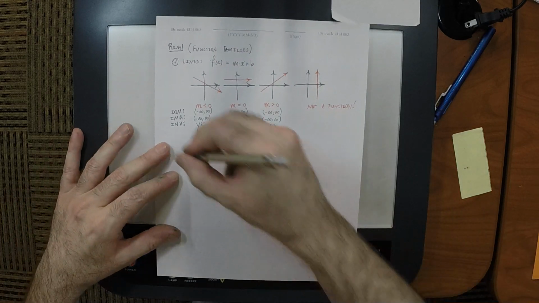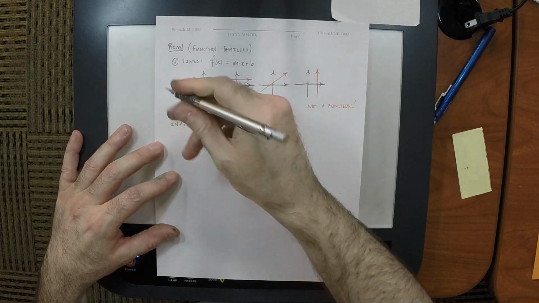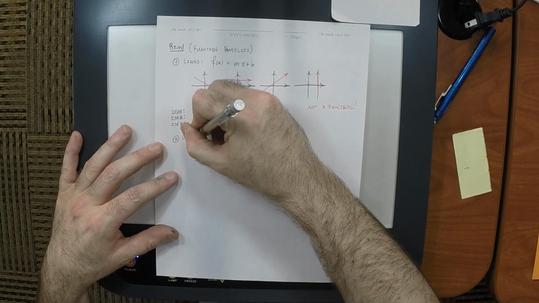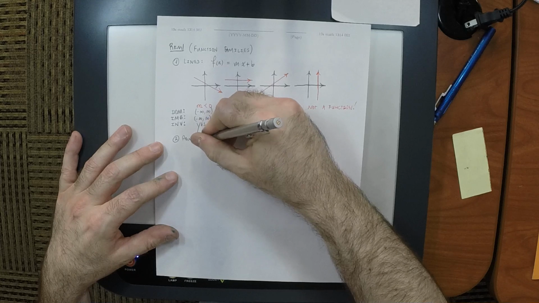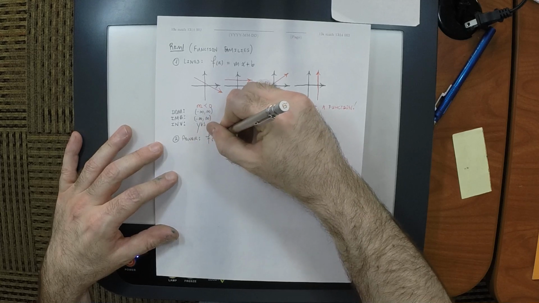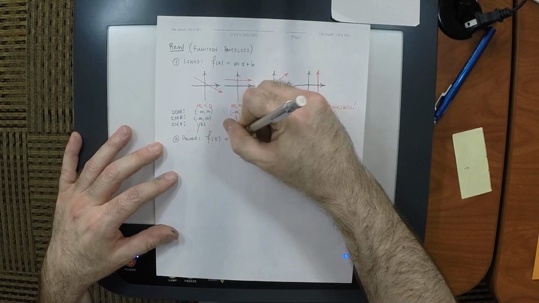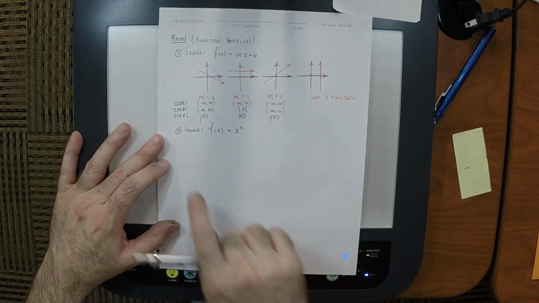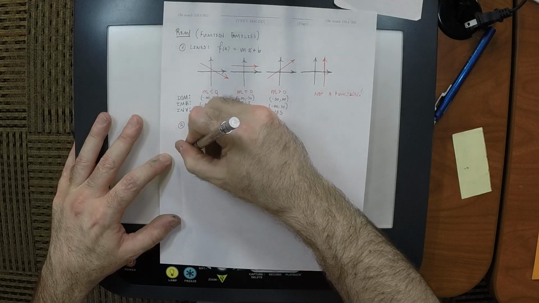All right. 2. Power functions. These are functions that take this shape: f of x is x to n, where n is an exponent. So now I'm going to draw 5 little axes.